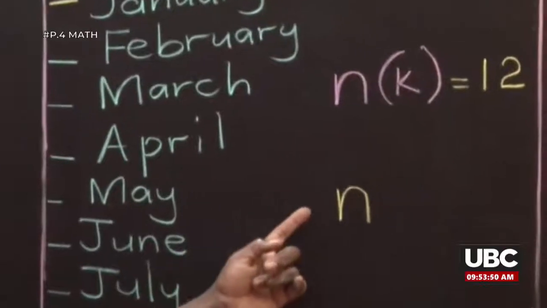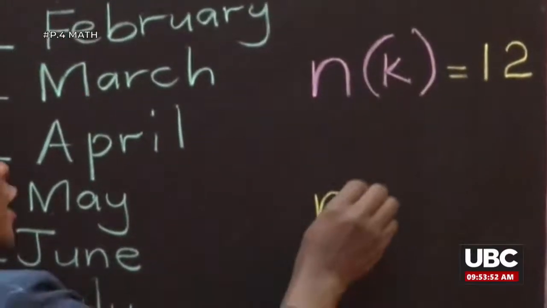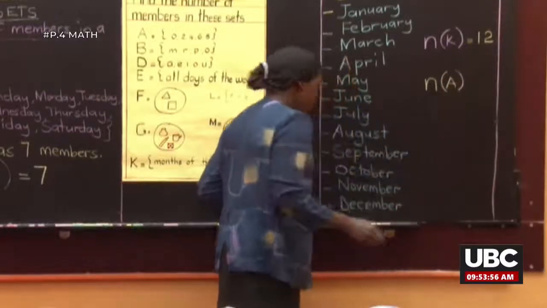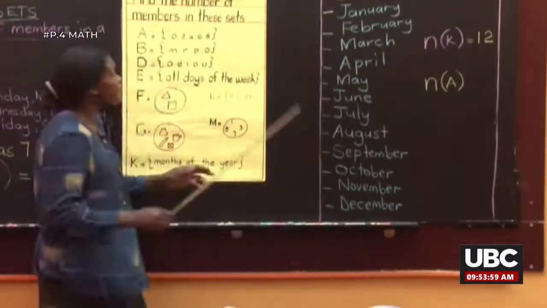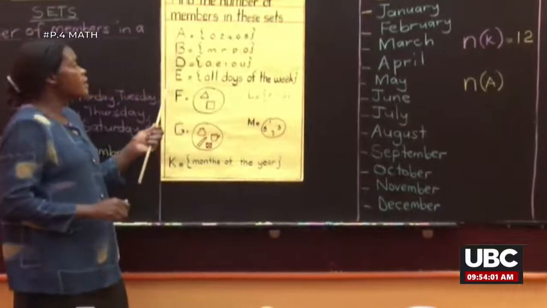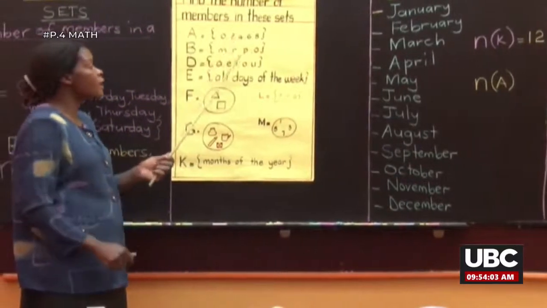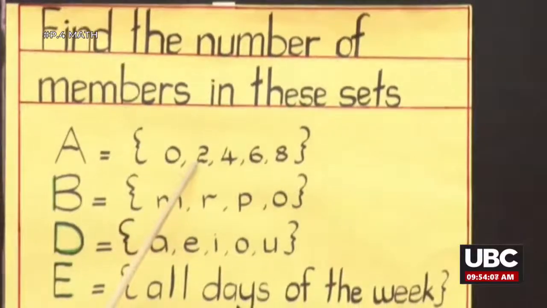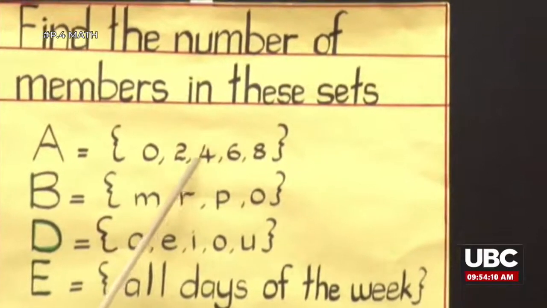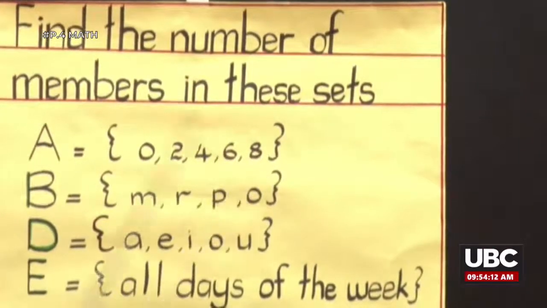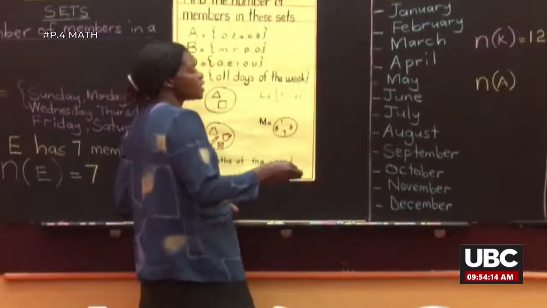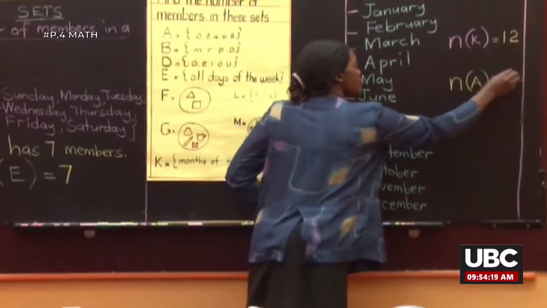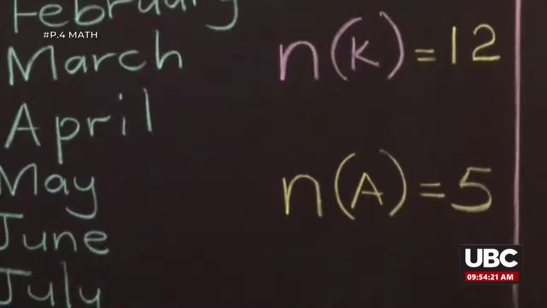N is standing for number of members. In which set? The set is A. Then how many members are they? They are 1, 2, 3, 4, and 5. Therefore, here we just say that number of members in set A is 5.